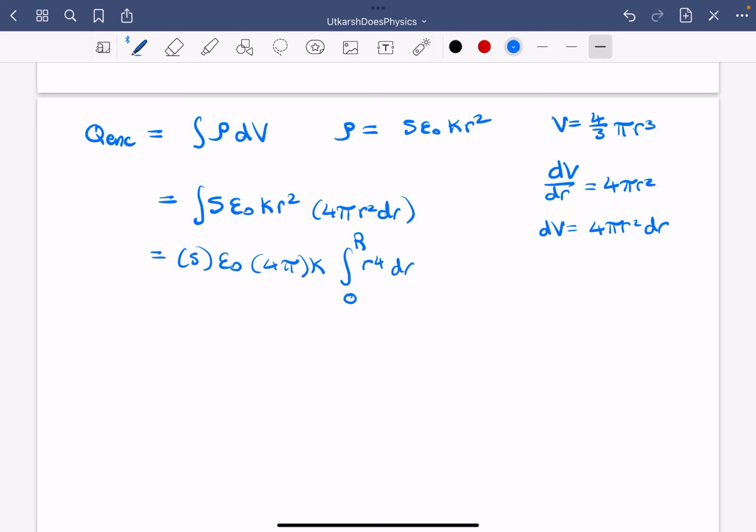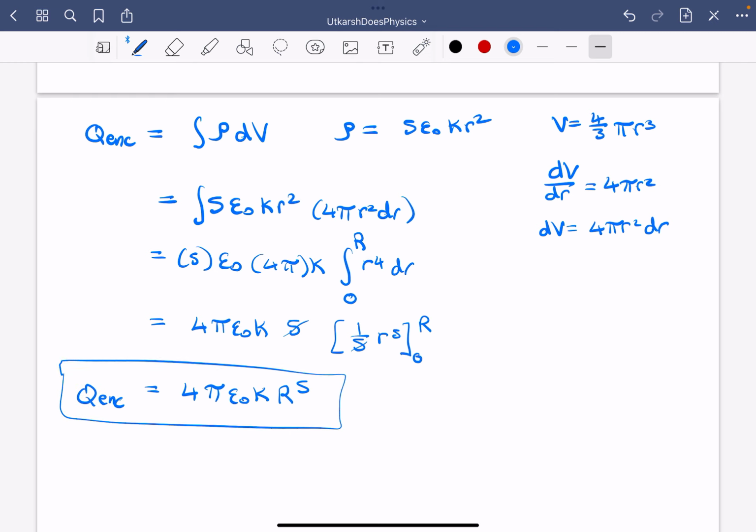So doing this integral, we get 4 pi epsilon naught k times 1 over 5 r to the 5, evaluated from 0 to r. That gives us exactly the answer we got before. The 5's cancel out. There we go.